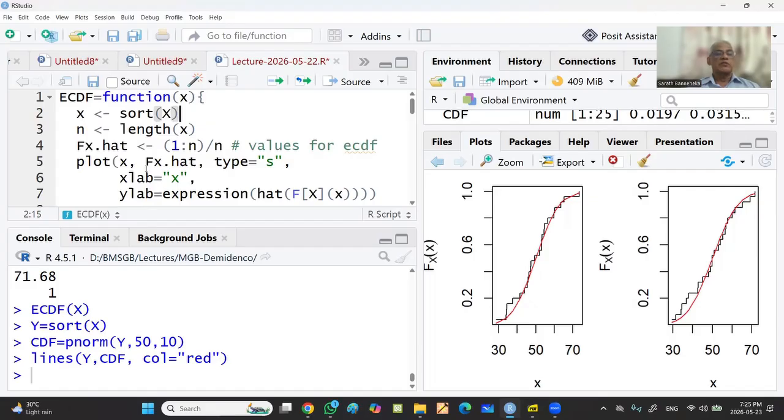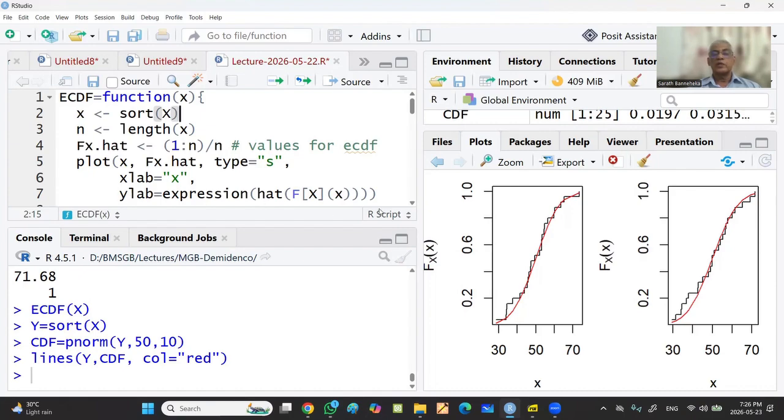So I'm plotting f x hat values versus the order statistics. I'm using the step function rather than the lines. Now I have changed my labels. X lab I'm going to use as X, and the Y lab I'm going to write down as F subscript X hat X, right?